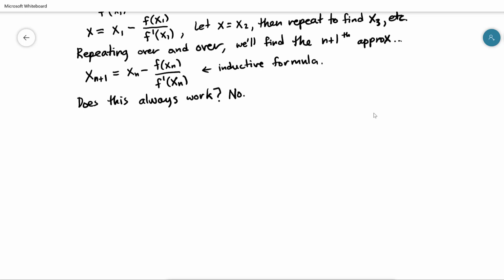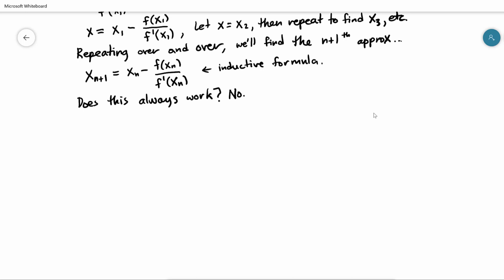So the term that you'll hear talked about in this case is the idea of convergence. Does xn get closer and closer to the true value that we want as we repeat this process over and over and over again?